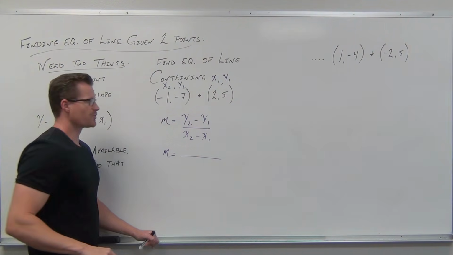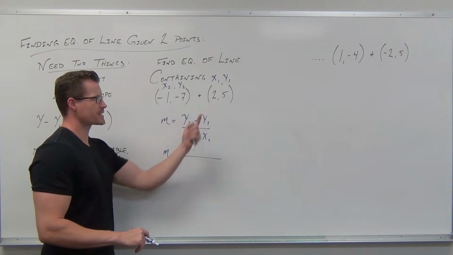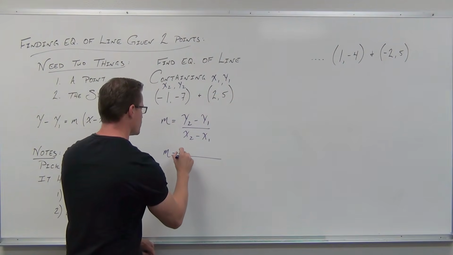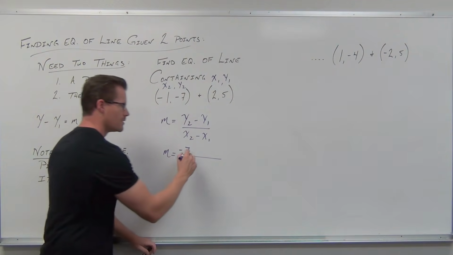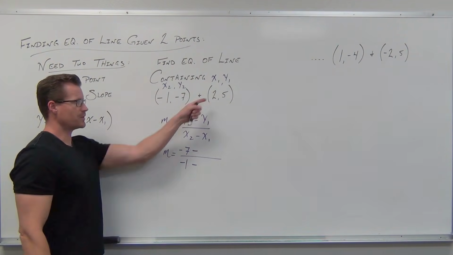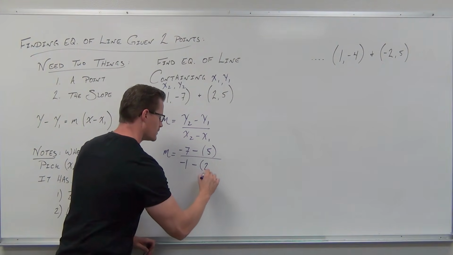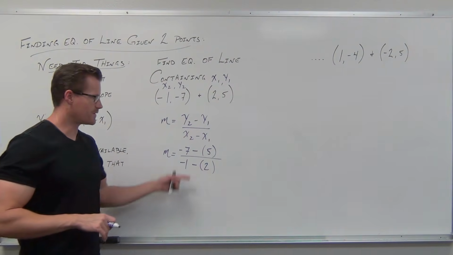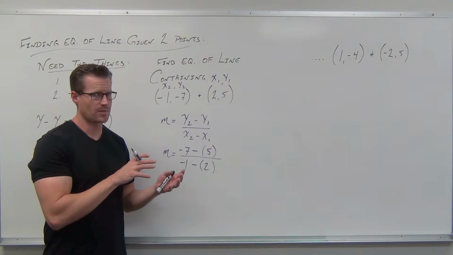So let's set up the slope formula. I know that we do y2 minus y1 over x2 minus x1, or put this point first, xy, got it. Subtract, put this point second, xy. I'm always going to use parentheses, always, because if these are negative numbers, well, we're subtracting a negative, it would house the negative, it would maintain the operation.